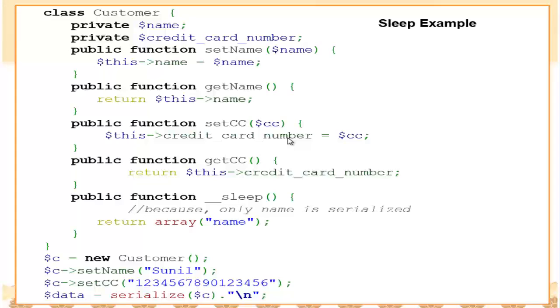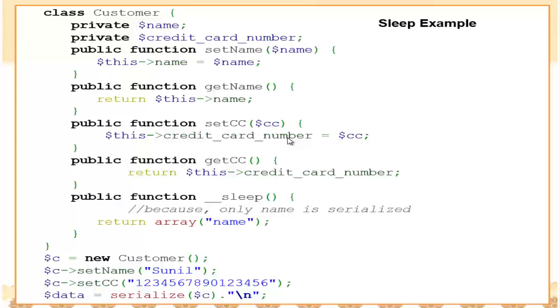In that case, you can write a magic method called sleep and then specify what needs to be saved. Remember, this method has to return an array that contains the values that need to be saved. In this case, I tell PHP that I want only the name to be serialized. I don't want you to serialize the credit card number.